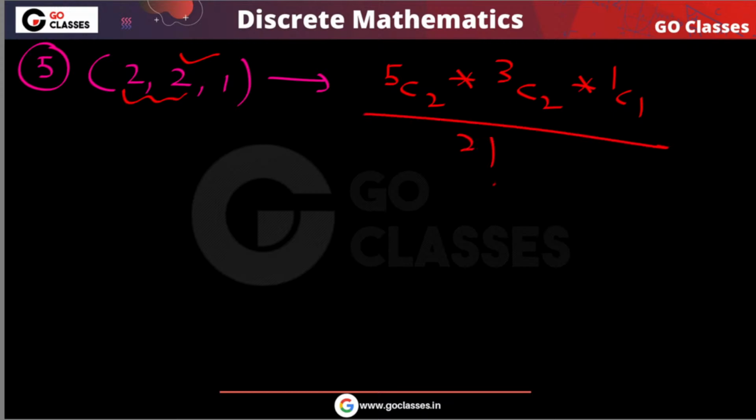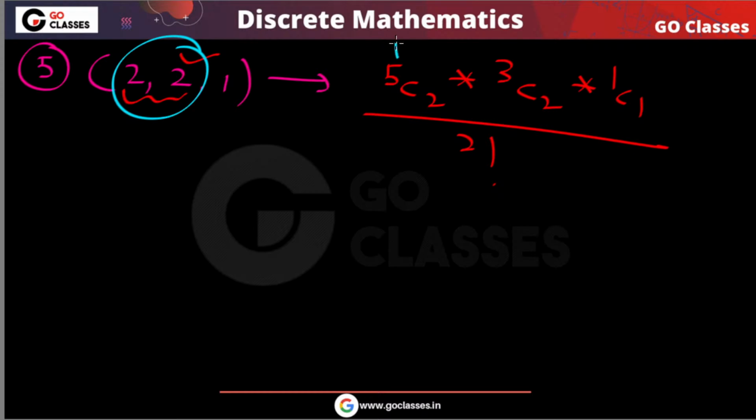Why I have to divide by 2 factorial? So that I do not do over counting, because you can notice 2 2. So that is the reason we are doing this division by 2 factorial, so that we don't do over counting. Anyone has any doubt, you can ask. So you can notice 2 to 1.